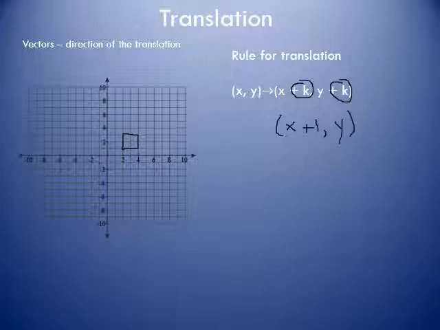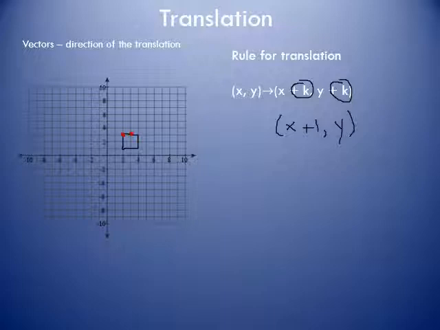I would take each of the coordinates of the 4 vertices and I would add just a 1 to their x. So for example, this one right here, its x coordinate is 2. So I'm going to add 1 to that, which would be 3, and its y coordinate would stay the same. So its new point is right there.